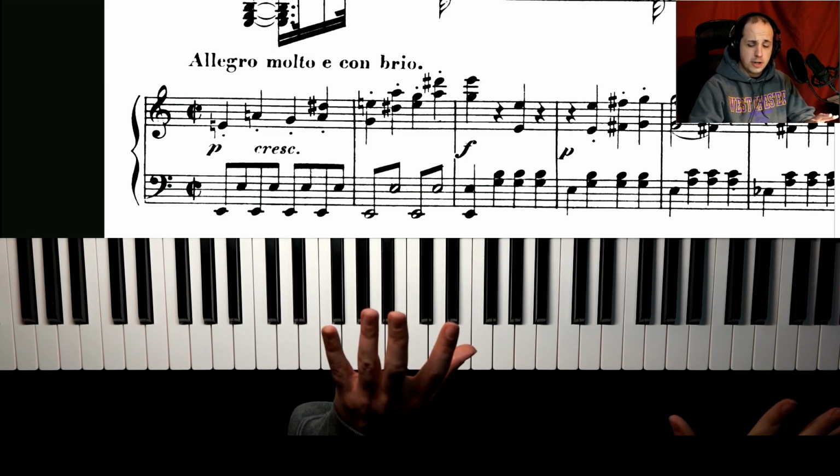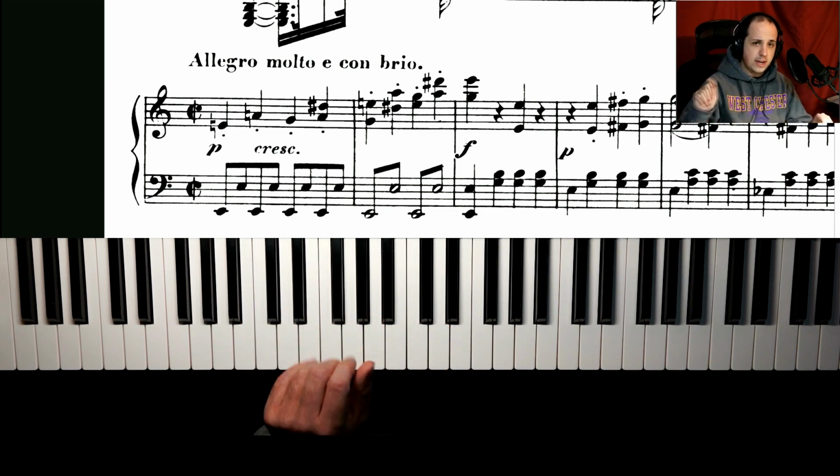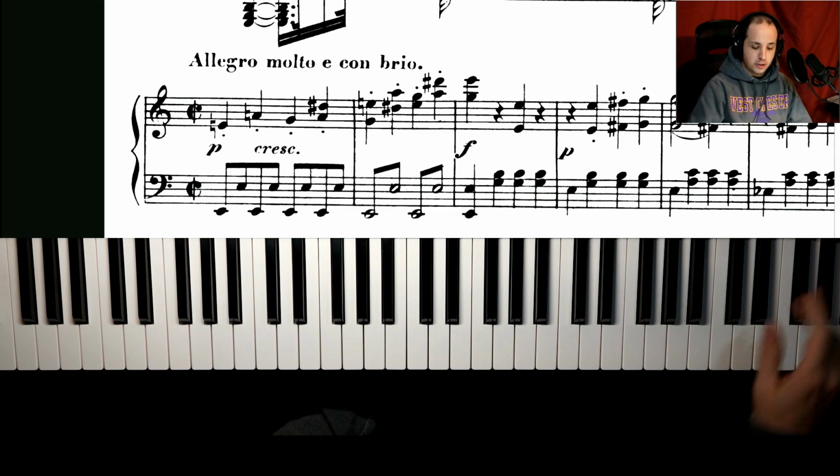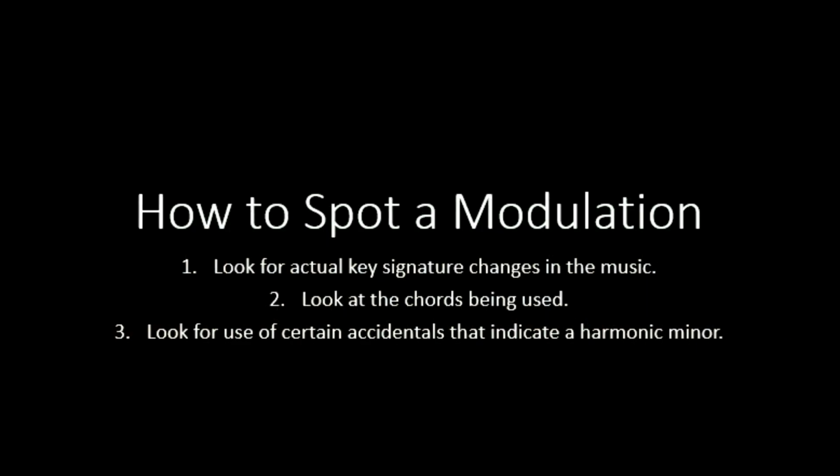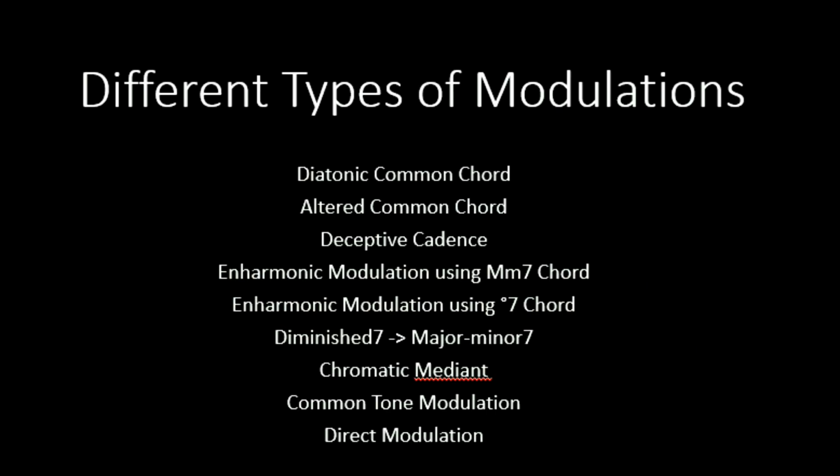I'm not going to get too far into that today, because today, like I said, is a very basic introduction into modulations, which, by the way, let's talk about the next slide, which are the different types of modulations. I'm not going to talk about all these. I'm just going to talk about common chord modulations, the diatonic ones.